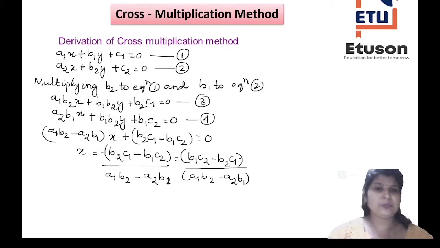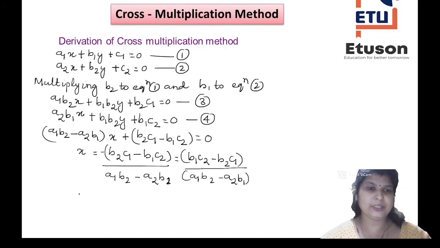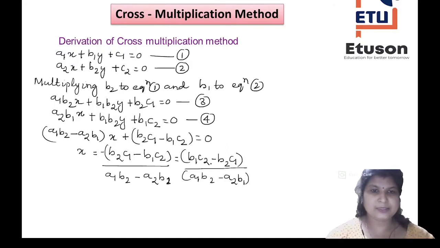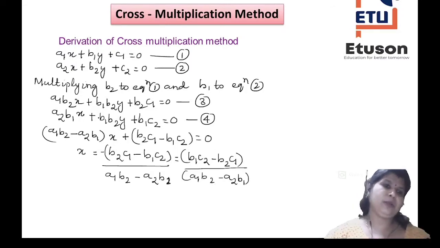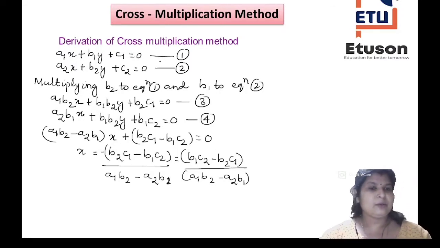Now substituting this value in y, you are going to substitute this value of x, that is (b1 c2 minus b2 c1) divided by (a1 b2 minus a2 b1), in any of the equations. Or else you can multiply a2 to equation 1, using the same elimination method.